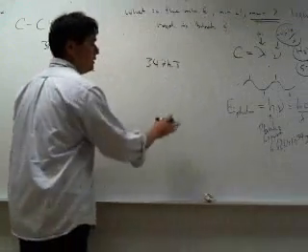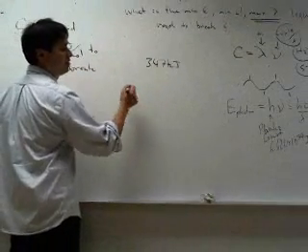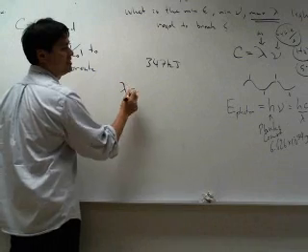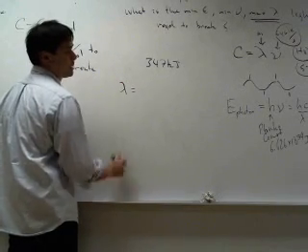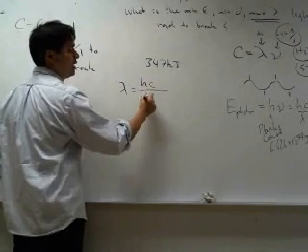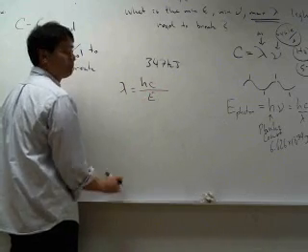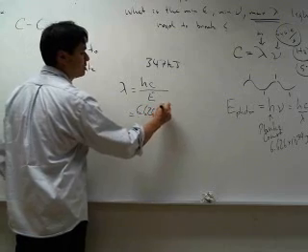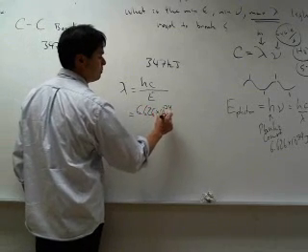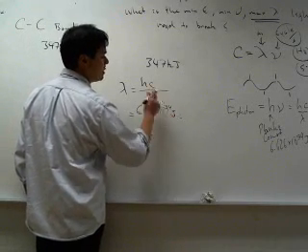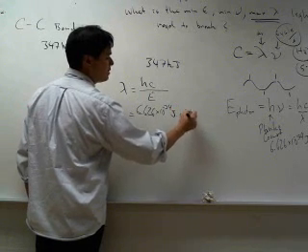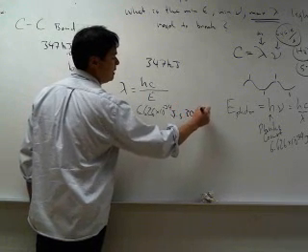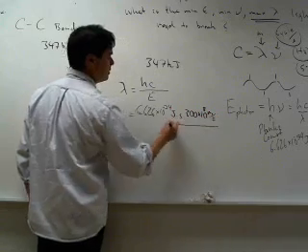And so here, let's try to figure it out. It looks like lambda is equal to hc over the energy, right? And so h is 6.626 times 10 to the minus 34 joules times seconds. C is 3.00 times 10 to the 8 meters per second.